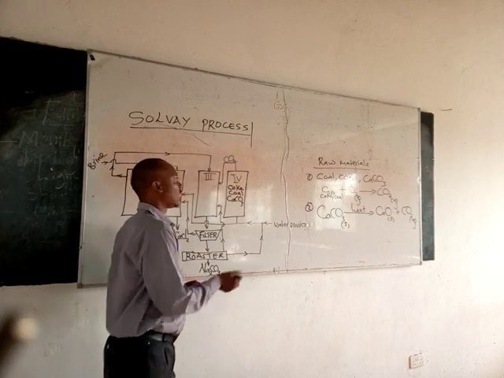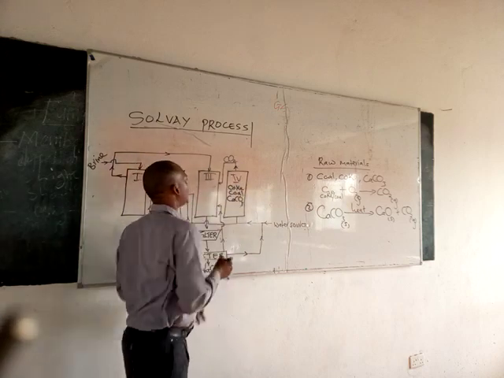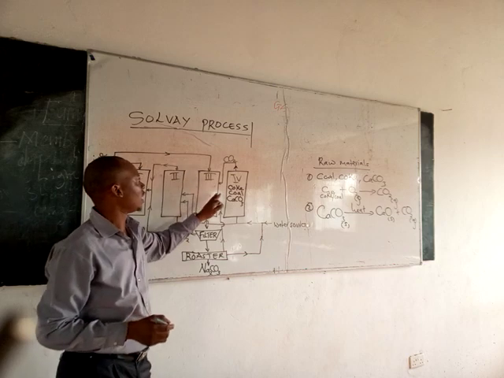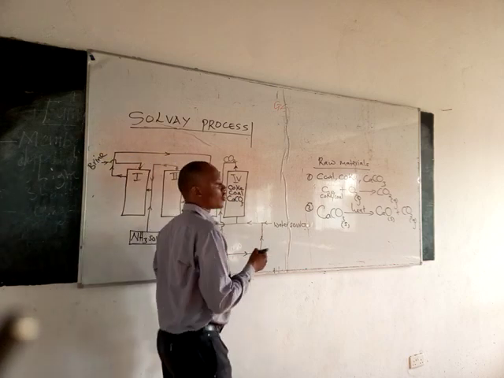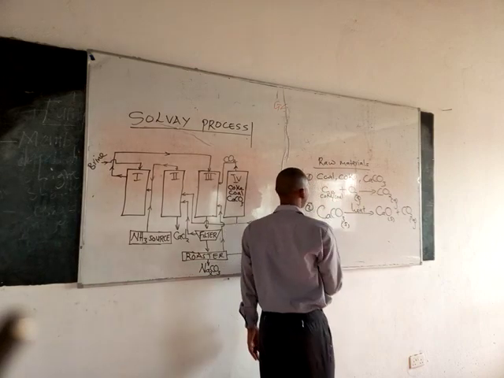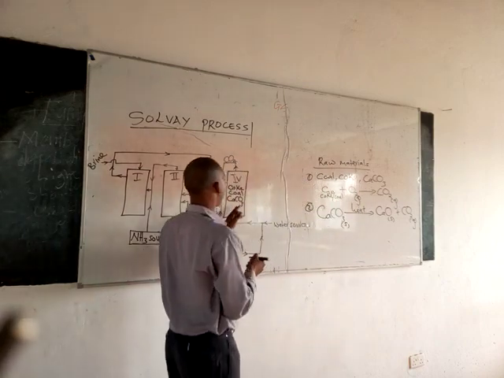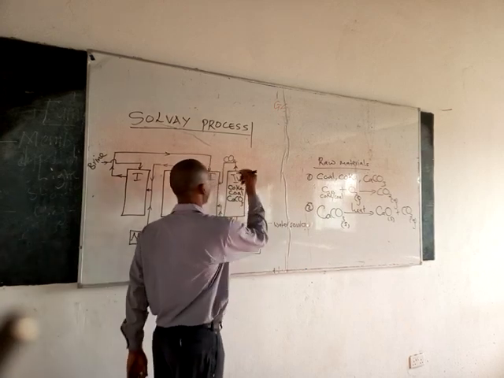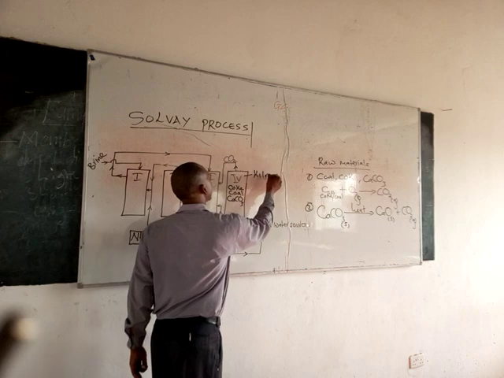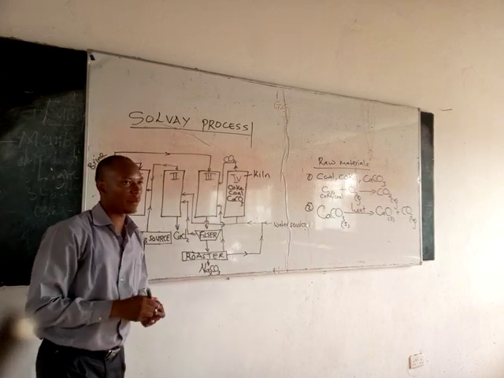And now we can see carbon 4 oxide being produced, proceeding to chamber 3. Chamber 4 is called the kiln. That is where there is combustion.